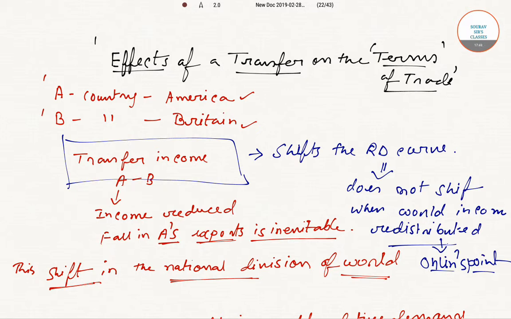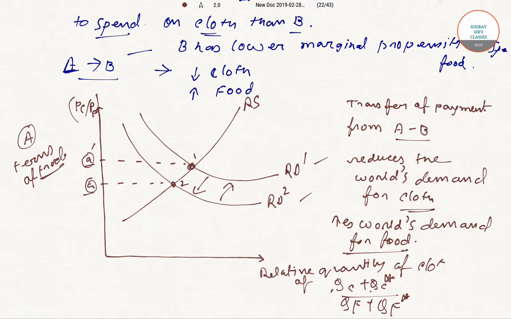As you can see, there is a transfer of payment to B. Here B must have a lower marginal propensity to spend on food, so a transfer of payment from A to B, given the assumption that A allocates a higher proportion of the marginal shift in expenditure to cloth than B does, shifts the relative demand curve leftward.